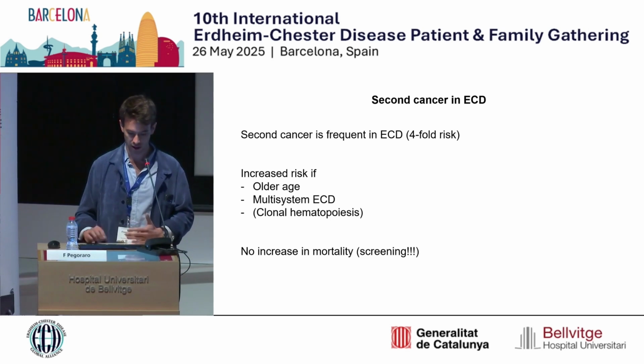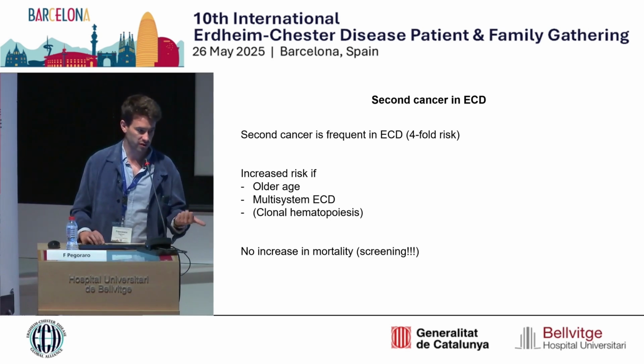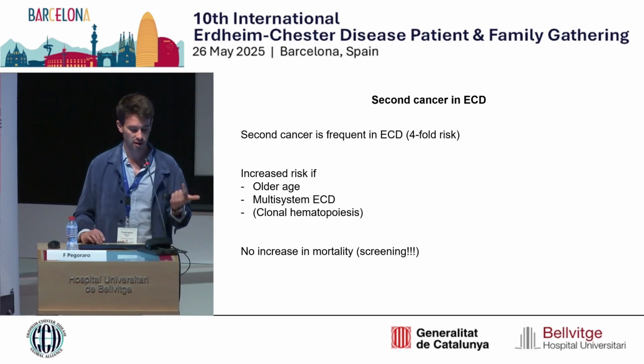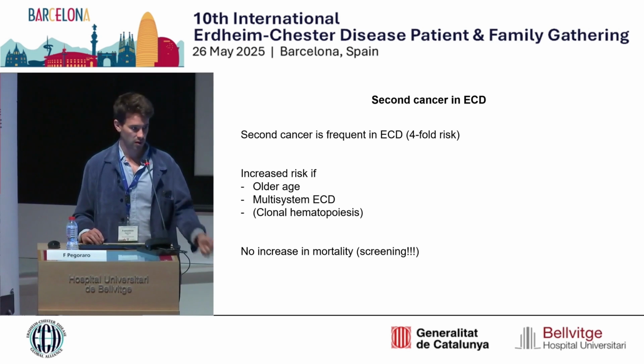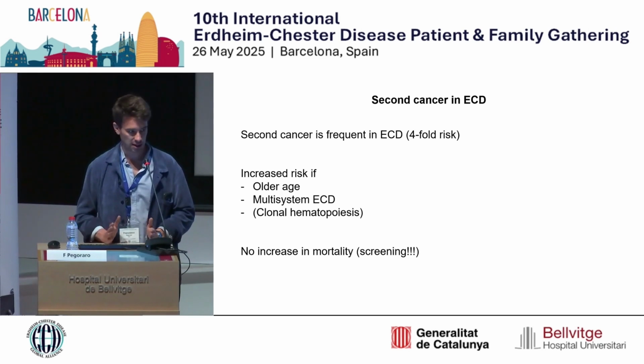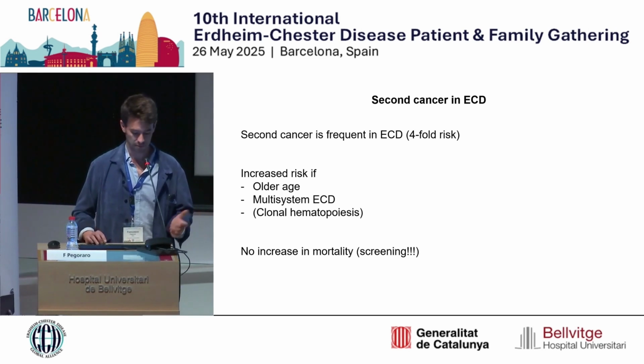So it's a fourfold risk, and this is even higher with older age, as it is for any cancer, and for multisystem ECD, and that's why I told you before about clonal hematopoiesis, because that's another associated feature. But what we found, and that's really, I think, a positive message, is that associated cancer does not mean worse survival, and this is probably due to screening.